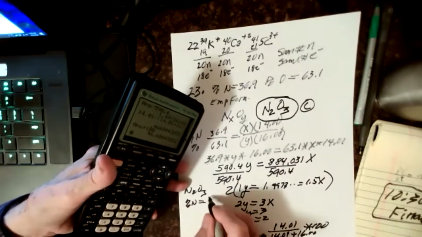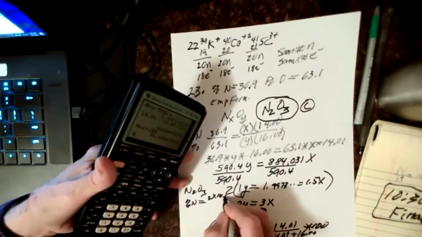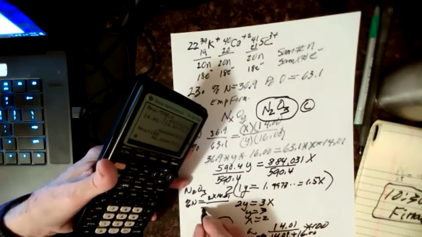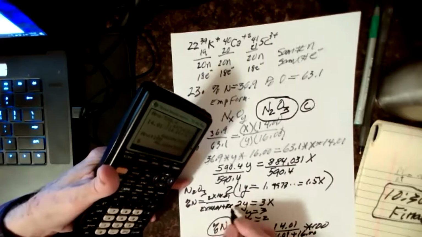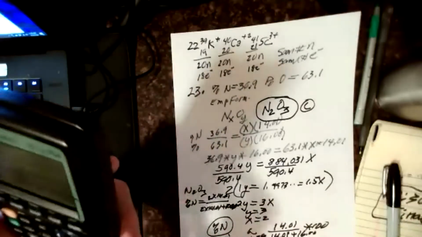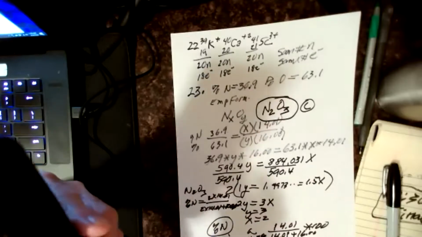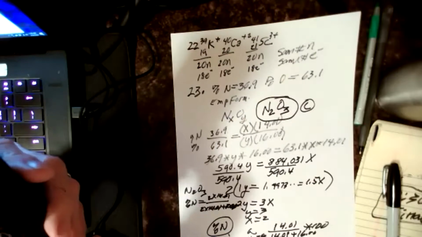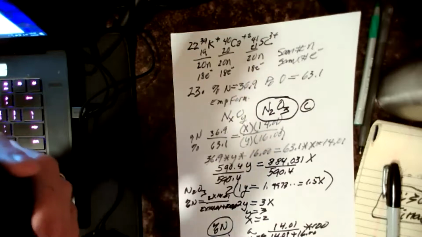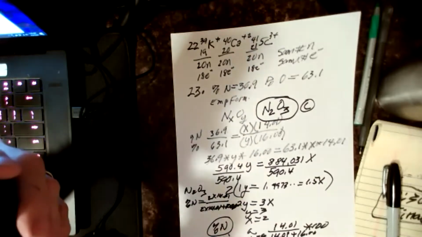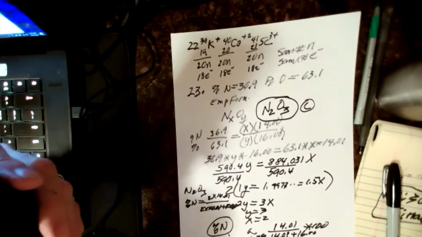Well, it would be 2 nitrogens: 2 times 14.01 divided by 2 times 14.01 plus 3 times 16, times 100.